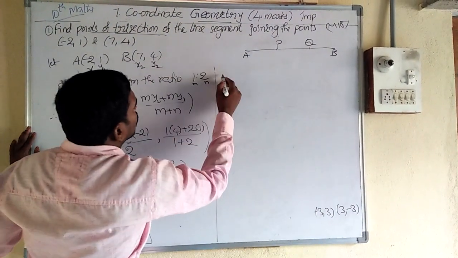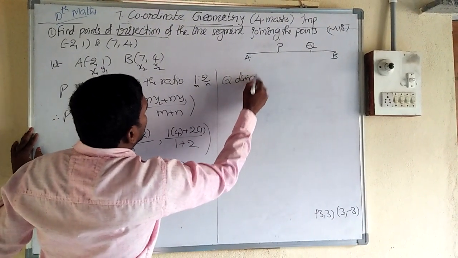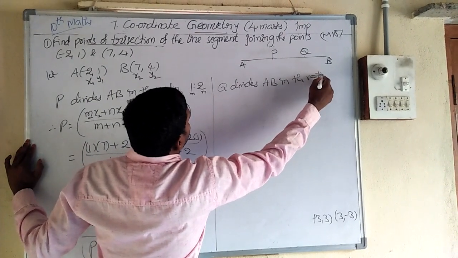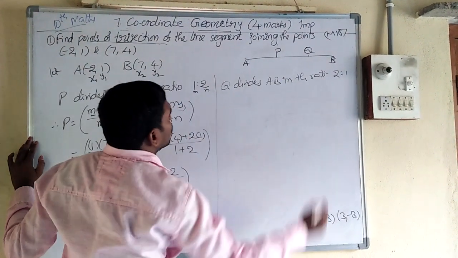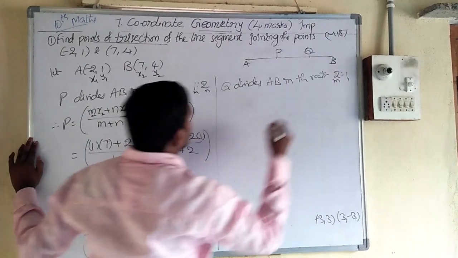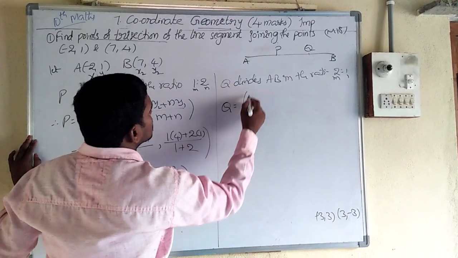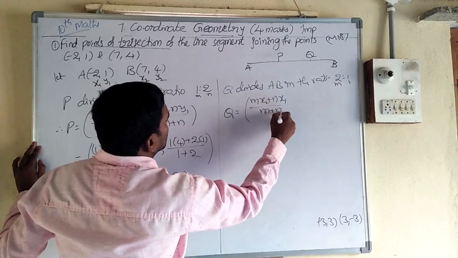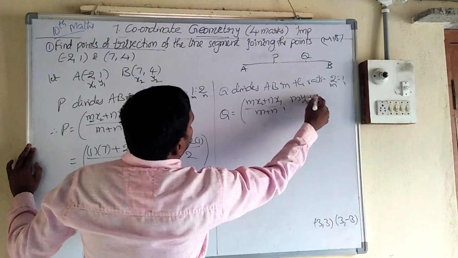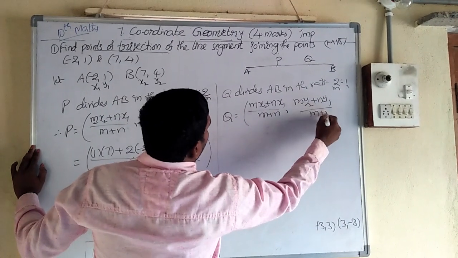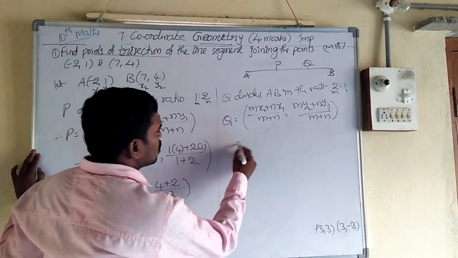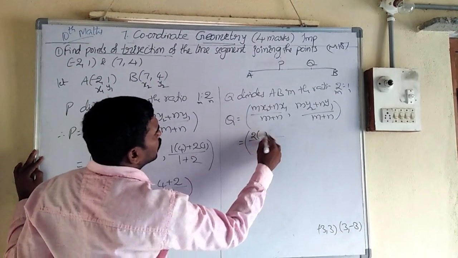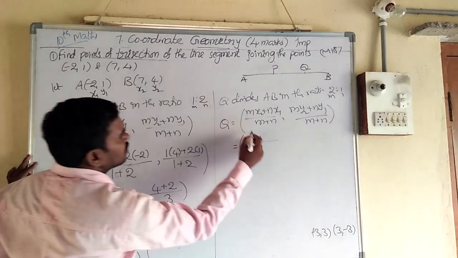Next Q. Q divides AB in the ratio 2 is to 1. So m is 2 here, n is 1, remaining same. Therefore Q equals the same formula, mx2 plus nx1 by m plus n, comma my2 plus ny1 by m plus n. Here m means 2. 2 into x2 means 7.